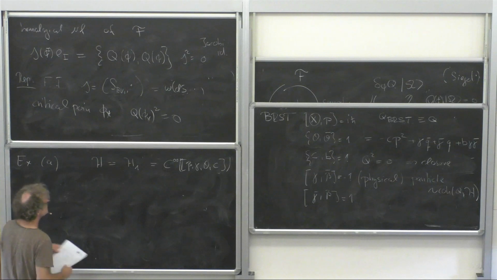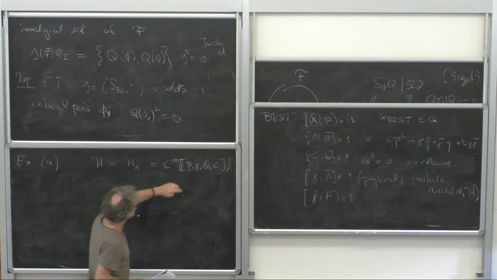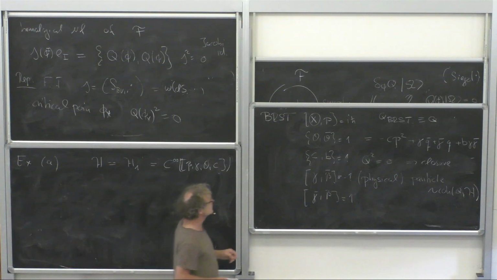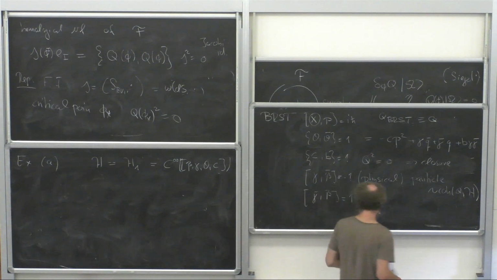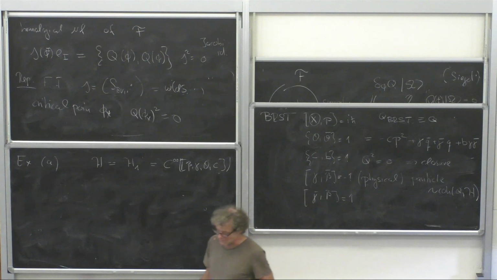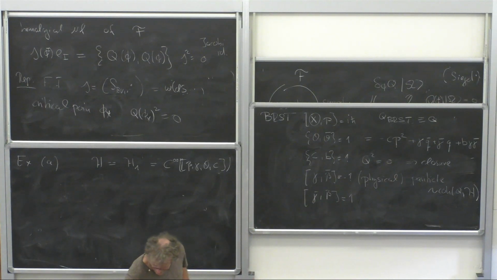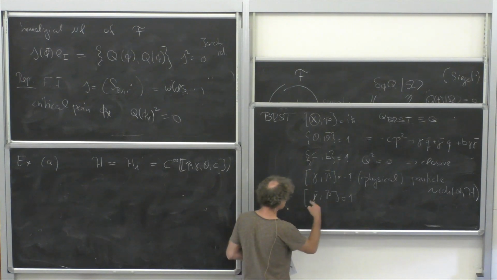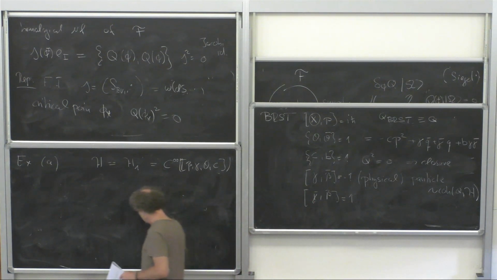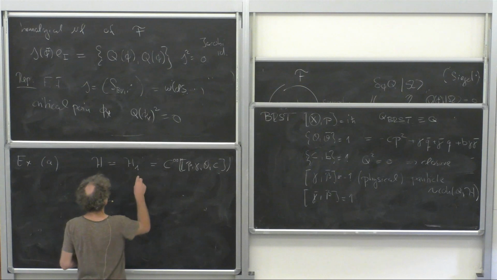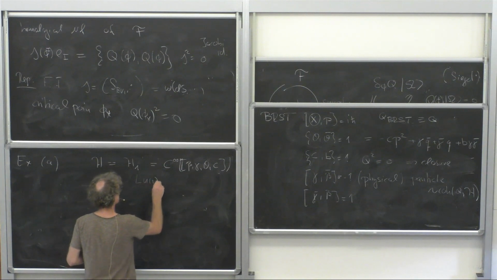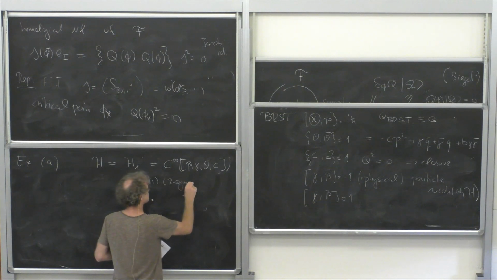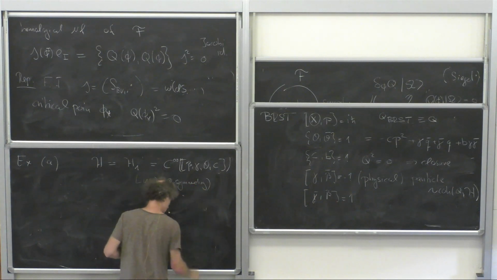Okay, and now what is this H1? So the thing is, this is still a very big space, in fact. It's infinite dimensional. It's a little bit too big. So what I'm going to do is use the fact that there is a natural U1 action on this algebra, which we call R symmetry in terms of supersymmetry.